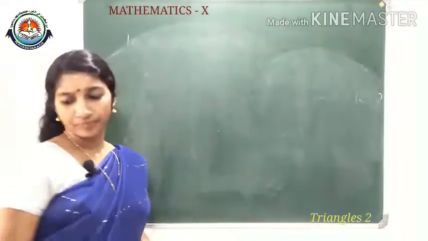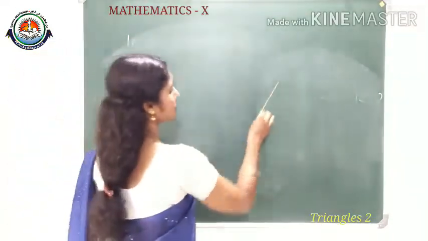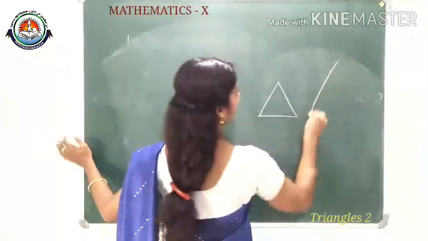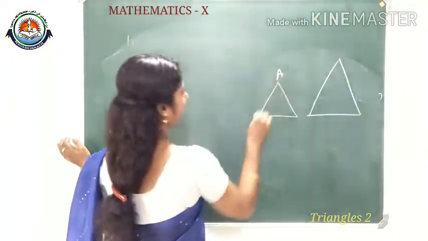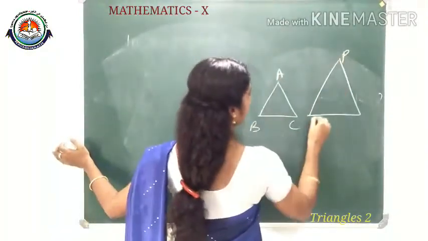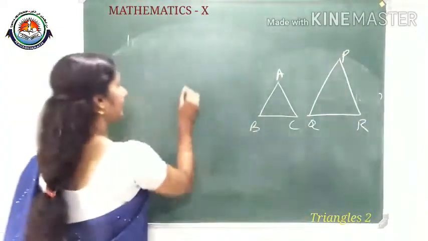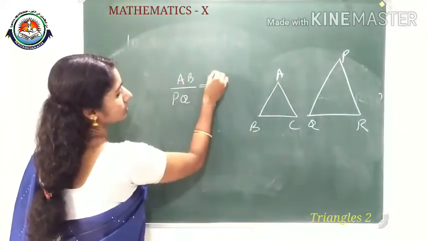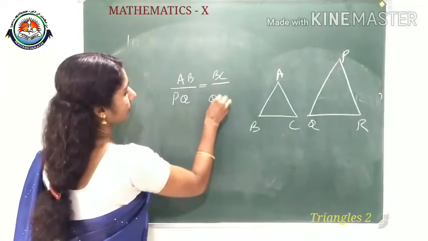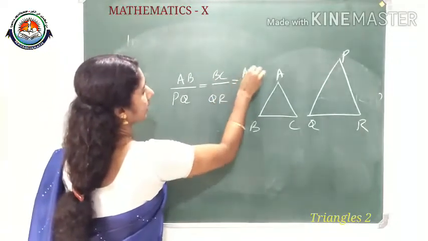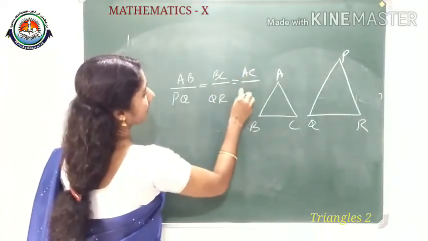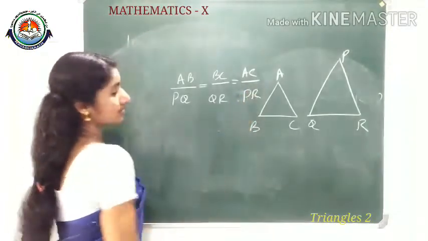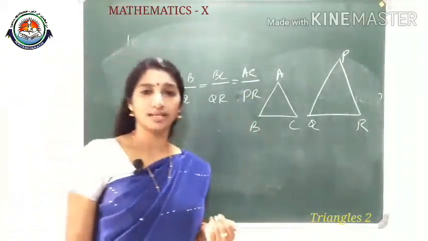Suppose two triangles ABC and PQR, and we know the ratios AB by PQ is equal to BC by QR is equal to AC by PR, meaning the corresponding sides' ratios are equal.